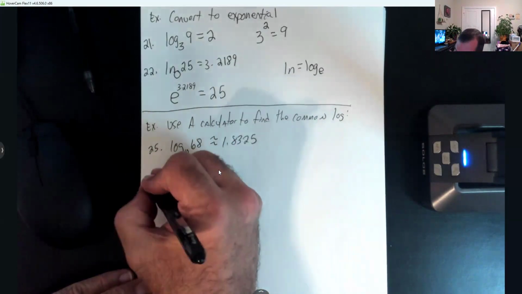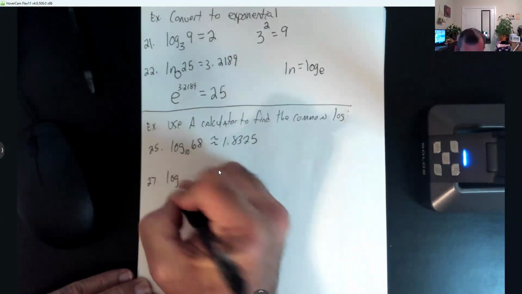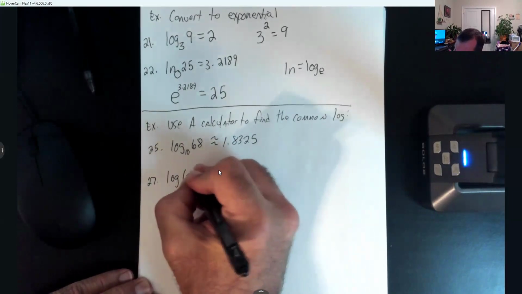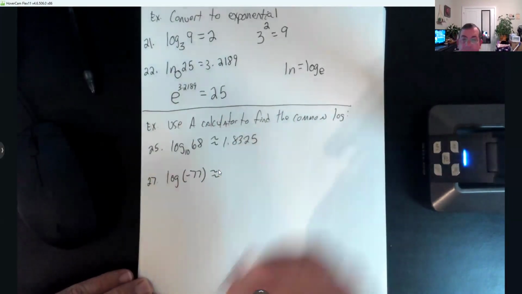And how about this one, like 27? Do me the log of a negative 77.